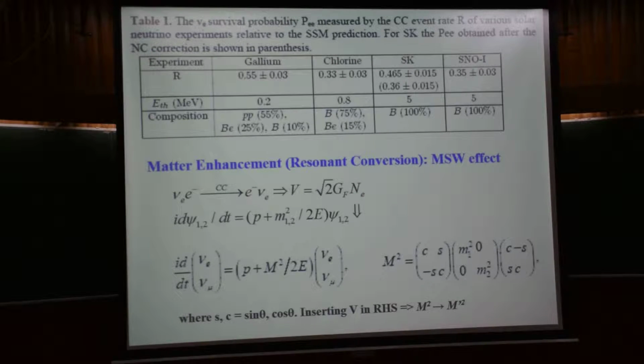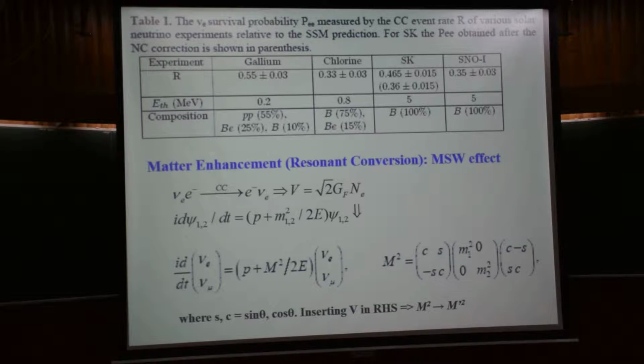What we had discussed yesterday as the plane wave solution was the solution to the free particle Schrodinger equation, i d/dt psi equals the energy, which is momentum plus m square over 2E, times psi. That is the free particle Schrodinger equation.